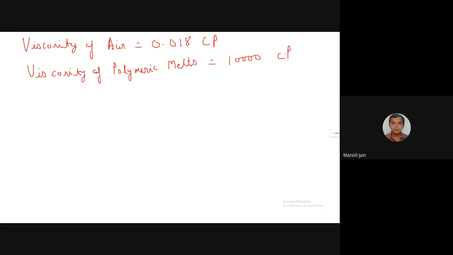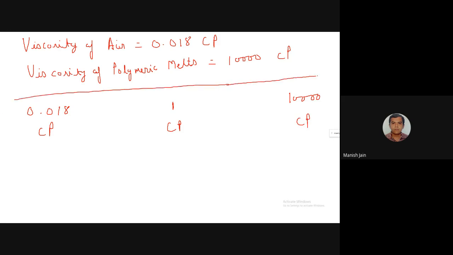So viscosity is a quantity which has a very large range. For gases, you have the viscosity 0.018 centipoise for air. Then you have water viscosity 1 centipoise. Then you have the polymeric melt which has a viscosity of 10,000 centipoise. So viscosity is a type of property which is changing a lot.